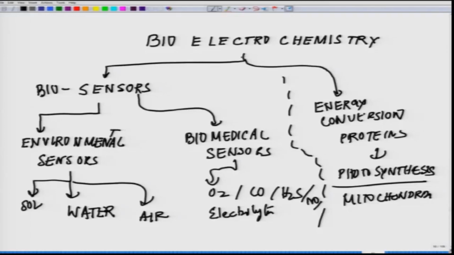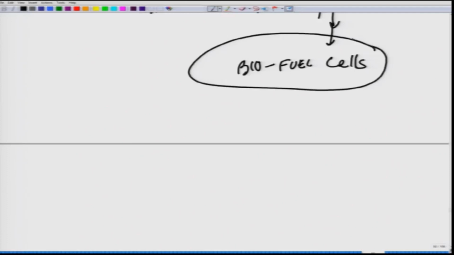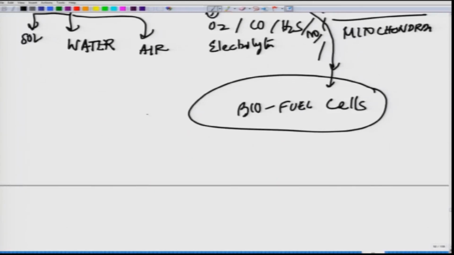Apart from it, there is another area which we haven't discussed, which is the area of biofuel cells. It is beyond the scope, because in 20 lectures you really cannot cover it from the fundamental basics. Biofuel cells are another area which is more on the energy sector.